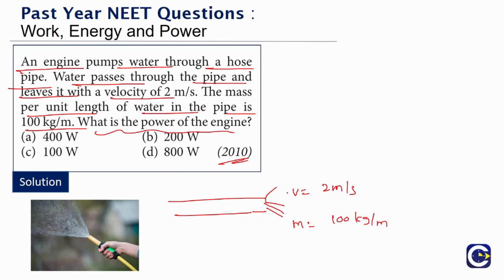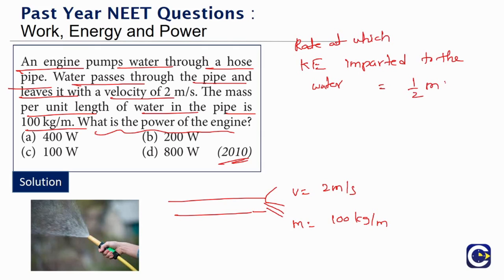As the water is leaving this hose pipe, as we talked about in the previous question, we want the rate at which kinetic energy is imparted to the water. We have got the formula for that, right? What is it? Half into small m into V cube.